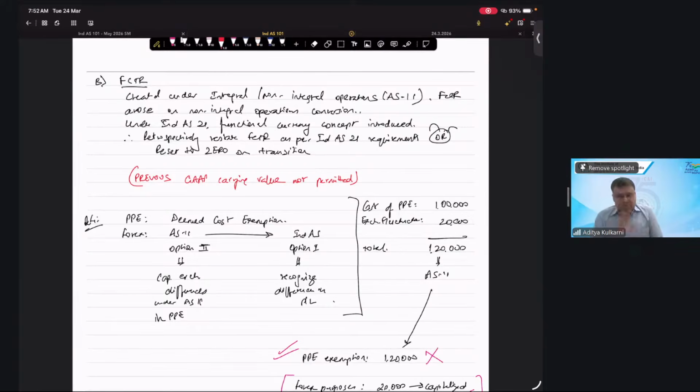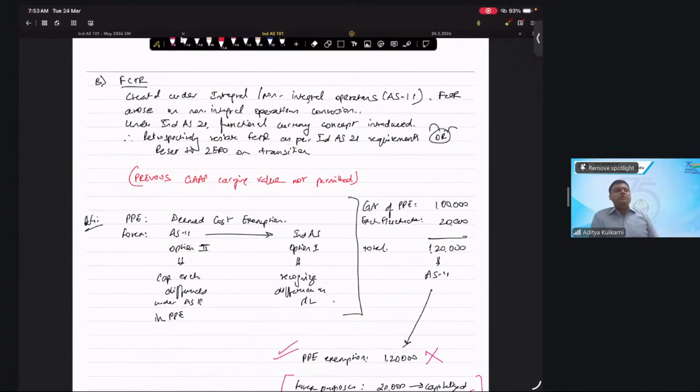And that is why you cannot continue that FCTR balance. It's a new way of calculation that has to be followed. So either go back in time, restate as per Ind AS 21 principles, do the complete working and get that FCTR value, or make it 0. What do you think companies will do? Make it 0.